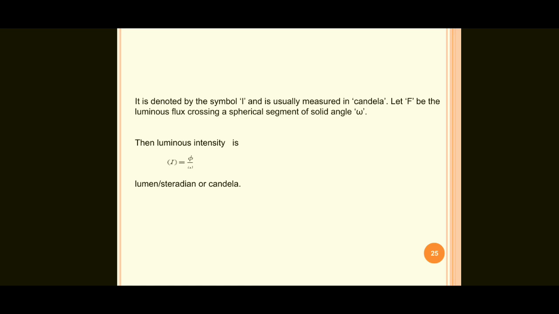Let F be the luminous flux crossing a spherical segment of solid angle omega. The luminous intensity formula is flux per solid angle.